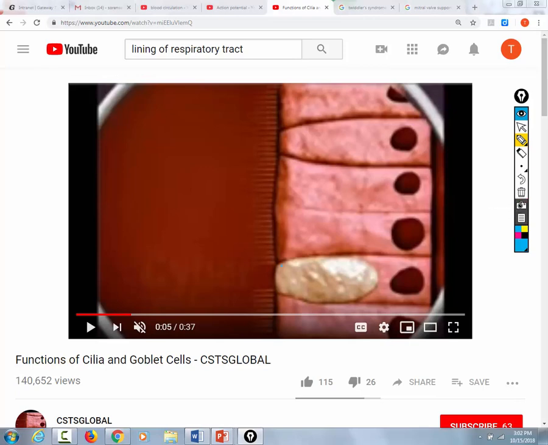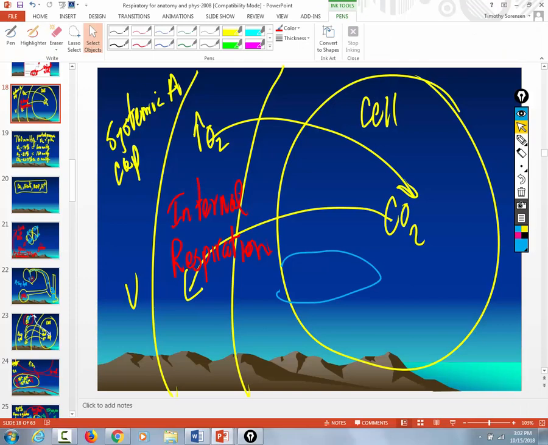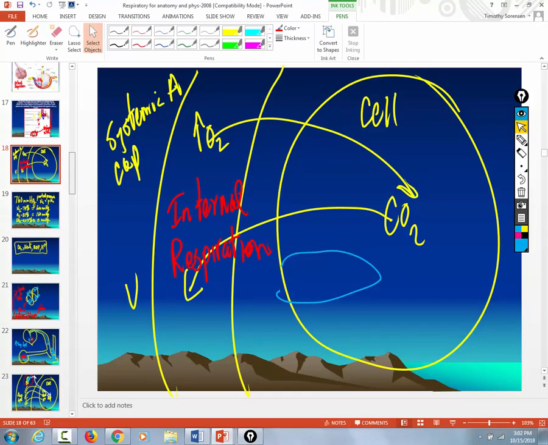So, did I explain to you cystic fibrosis? Yeah. So what's important to remember is this ciliated lining goes all the way from basically your nose all the way down to your bronchioles. And its function is to clean the respiratory tract.